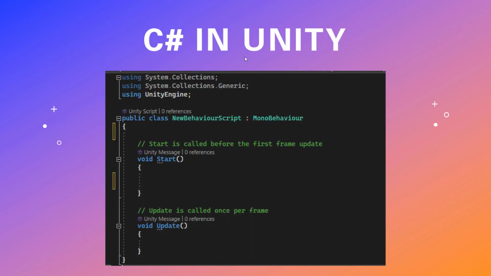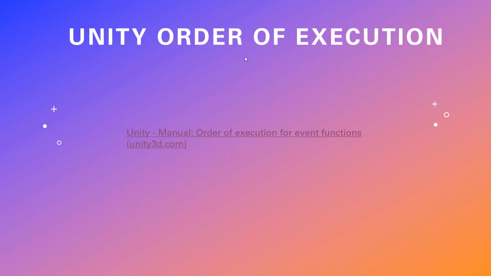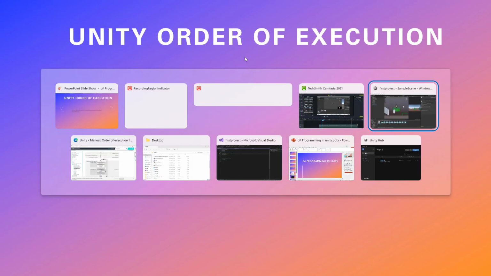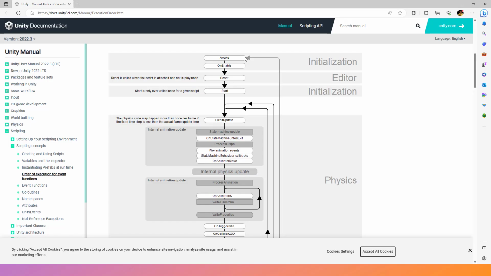When you create a C# script in Unity, it comes pre-populated with a few lines, including start and update functions. To understand start and update, you need to understand the Unity's order of execution. As you can see, Unity has created a very useful diagram to show the order of execution.